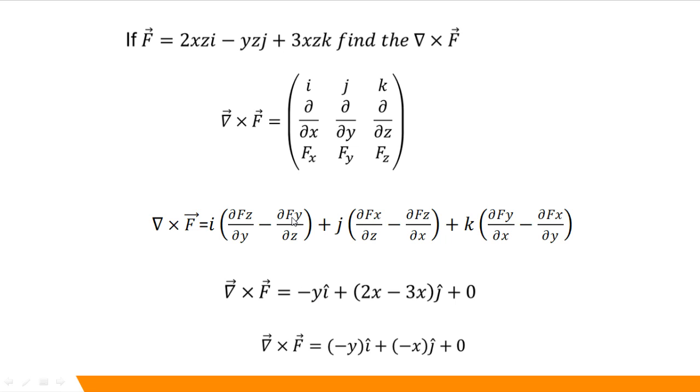Next, this particular term 3xz differentiated with respect to y, but there is no y component, so 0. You go to the next term, F_y, minus yz. You differentiate with respect to z. Then what you get is y. So in this, the y component is left. And next, F_x differentiated with respect to z: 2xz, z is there, so the remaining term is 2x.